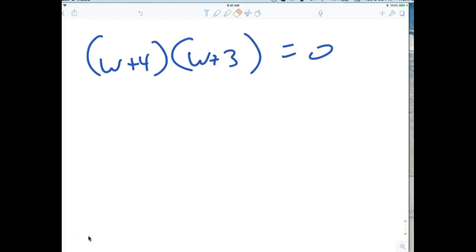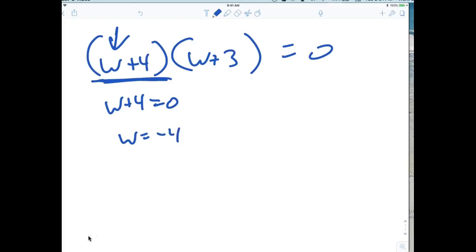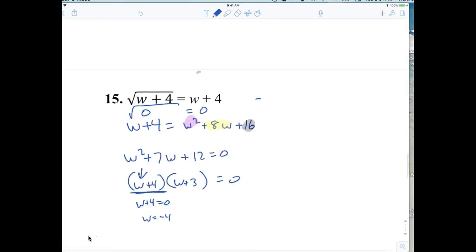Definitely not 0. Remember, I want it to be 0, so that means one of these factors has to be 0. What will W be to make it 0? Negative 4. Correct? Or you could have just said W plus 4 equals 0. Subtract 4, and you get negative 4. Is everybody with me on that now? Good review. Excellent review of solving quadratics.